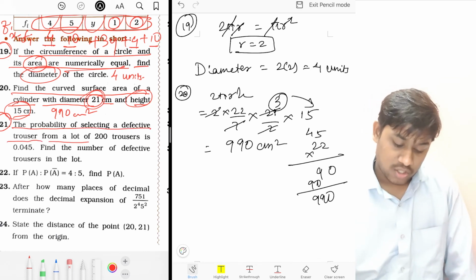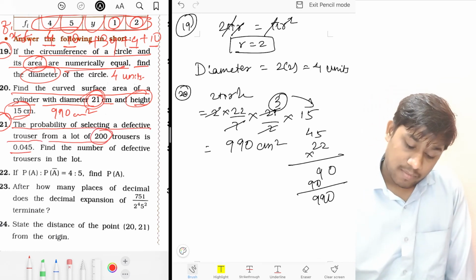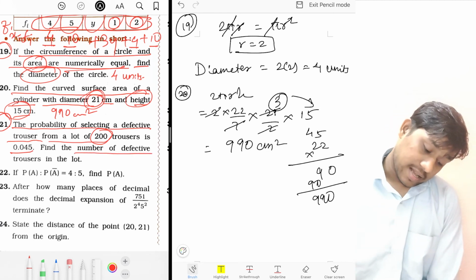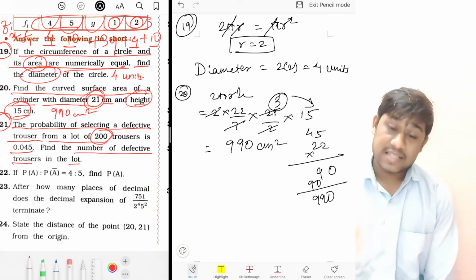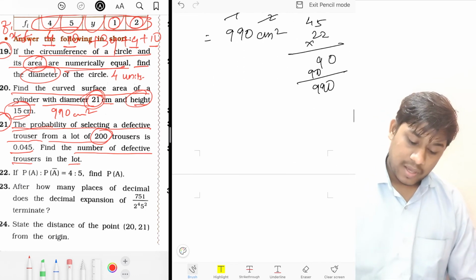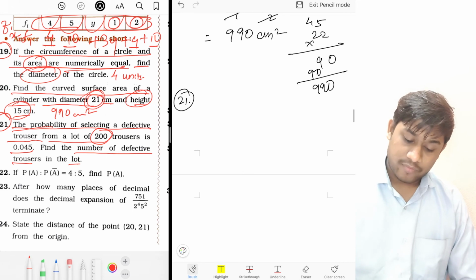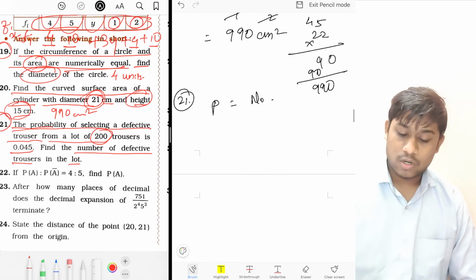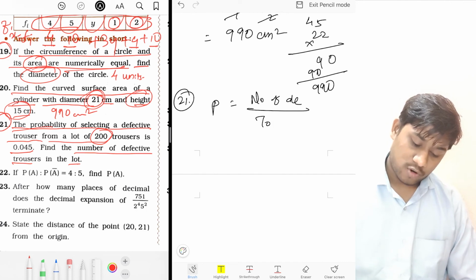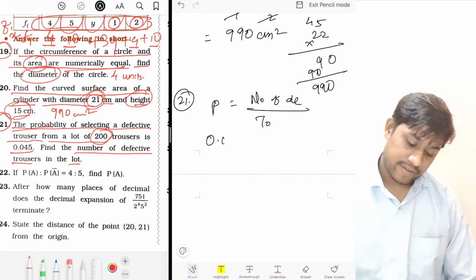The probability of selecting a defective trouser from a lot of 200 trousers is 0.045. Find the number of defective trousers in the lot. He said the probability of defective and is asking exactly the number. So how will you write probability? P is equal to number of defective by total number of pieces. Okay, so what we have?